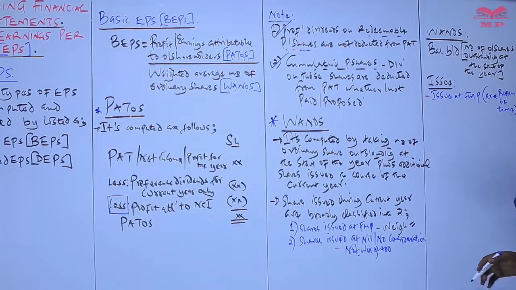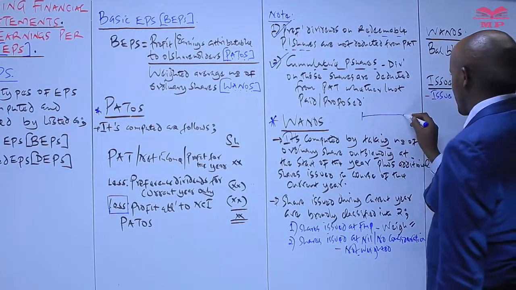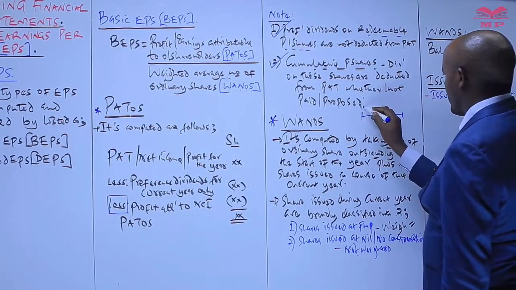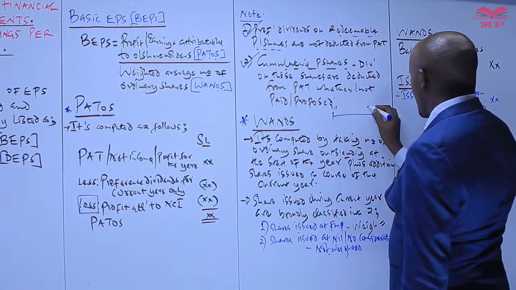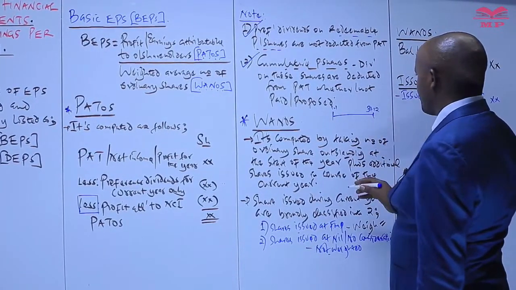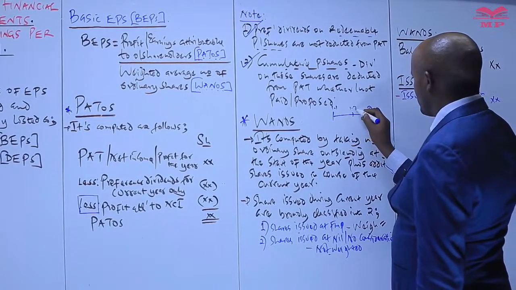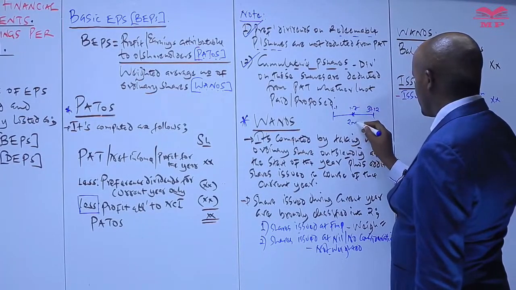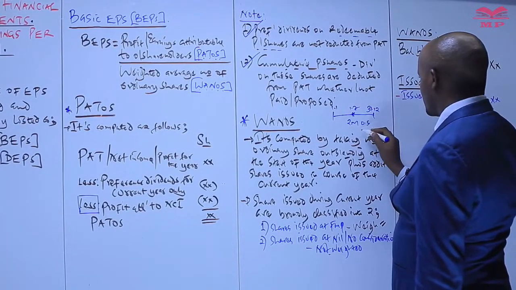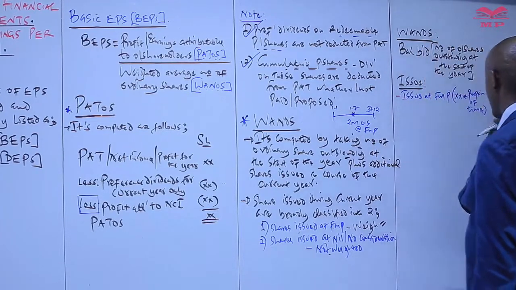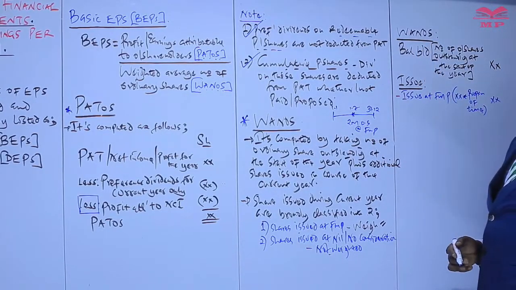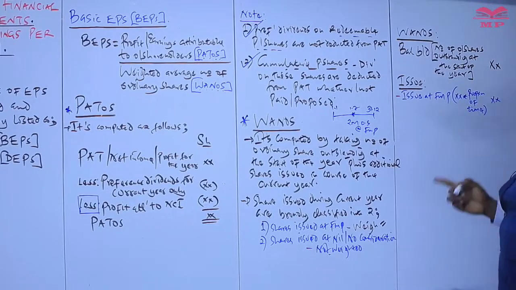If, for example, the financial year of the company starts on 1st of January and ends on 31st of December, and we are told on 1st of July the company issued 2 million ordinary shares at full market price, then when adding those particular shares to the shares issued and fully paid at the start of the year, we don't add them as 2 million.